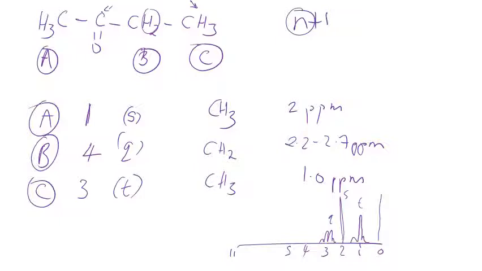That one at B would be 2, which is your quartet, so that would show as 2, and then the triplet would show as C, which is also 3 if you integrated it. So that way you could predict what the spectrum would look like.